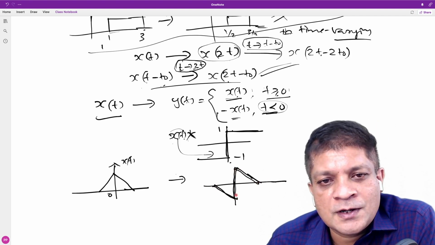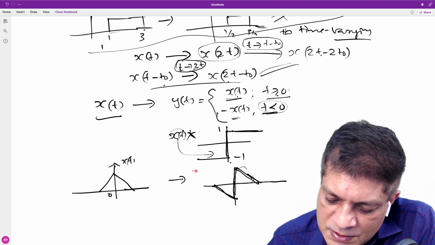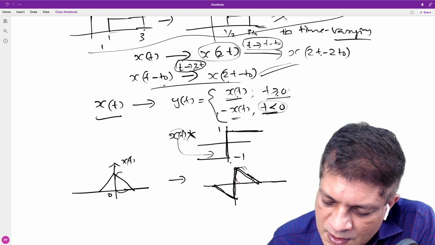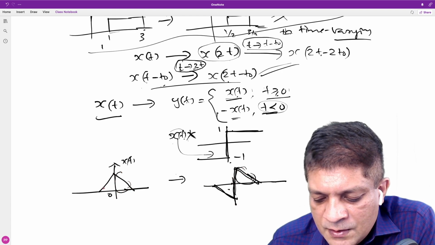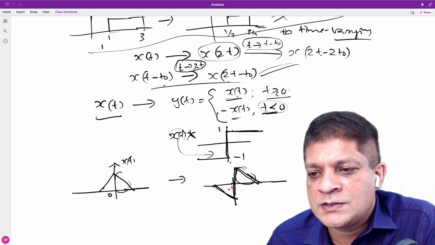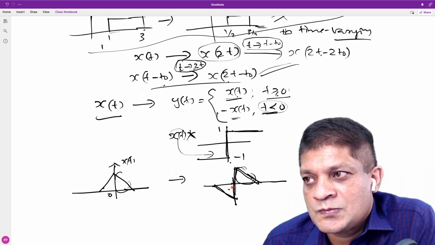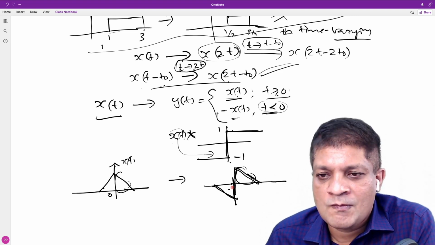This is the output signal. For positive values of t, the output is the same as the input signal, and for the negative values of t, it is the negative of that. Now, is it a time varying system or time invariant system?